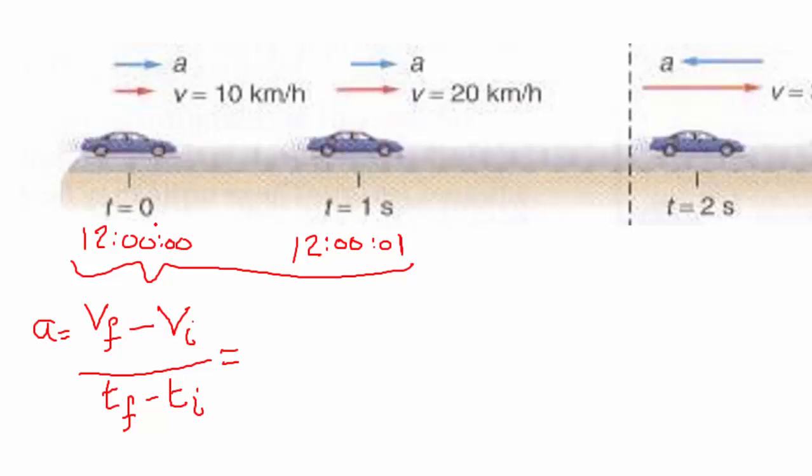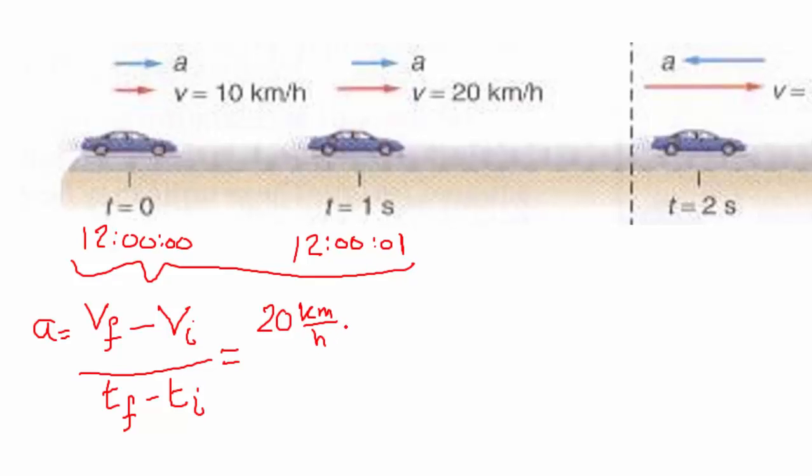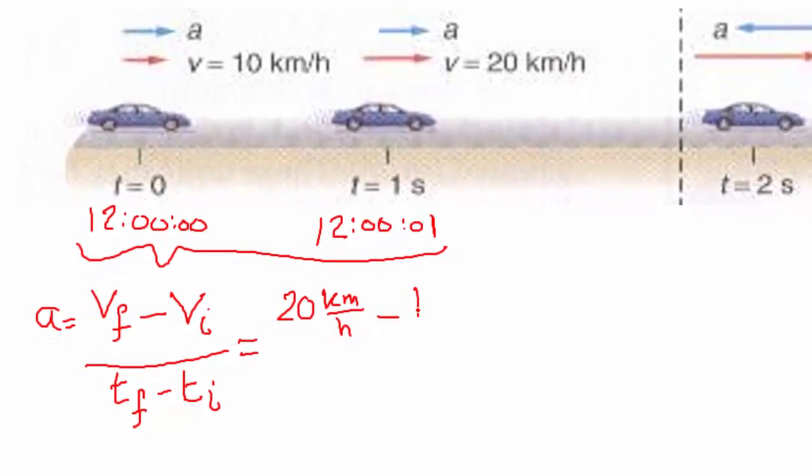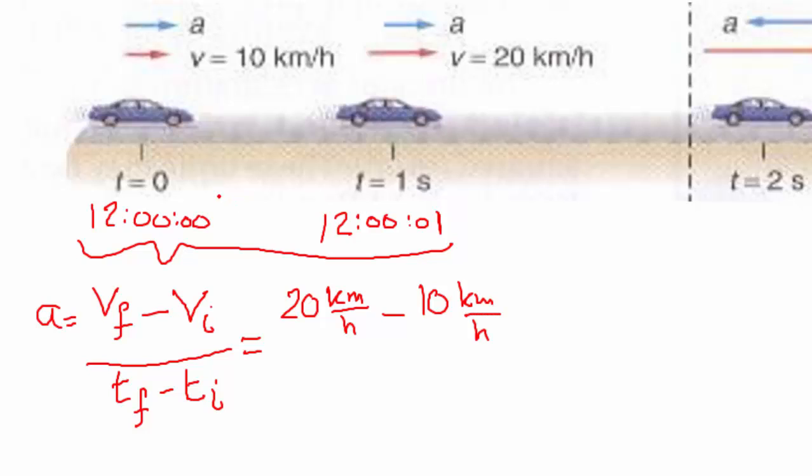And you can see here the final velocity is what? From 12 to 1 second past 12, the final velocity is at 1 second past 12, which is 20 kilometers per hour, minus the initial velocity, which is 10 kilometers per hour. Remember, the initial velocity is at 12, the final velocity is at 1 second past 12.